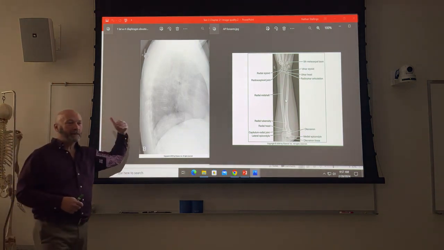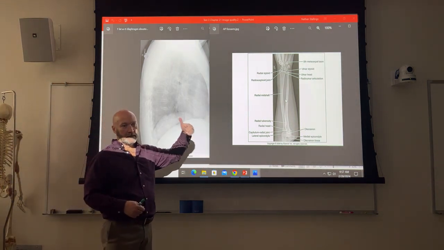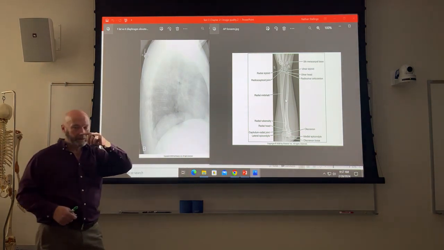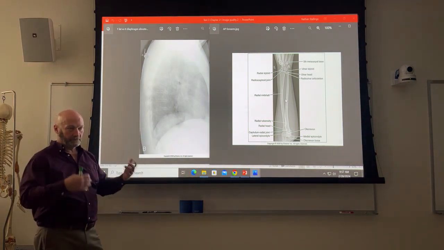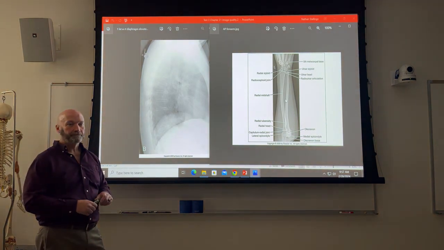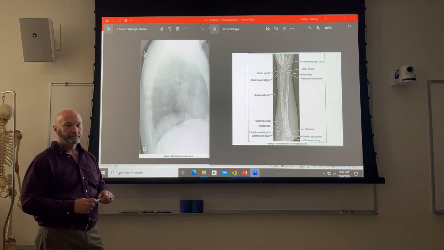So since KVP doesn't affect your image quality anymore, I really expect an increase in KVP, because there's no reason not to use higher KVP.